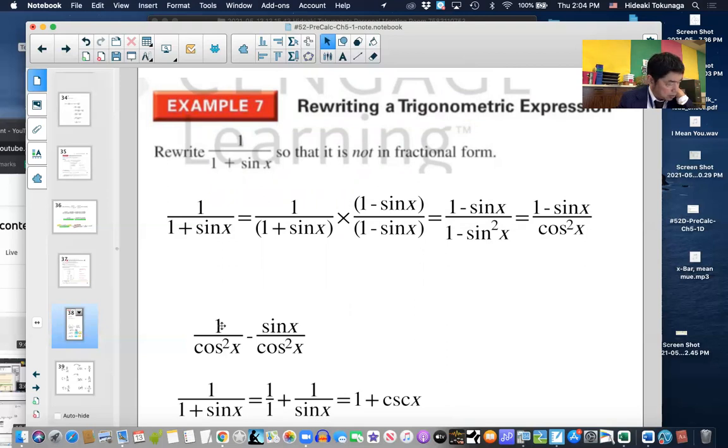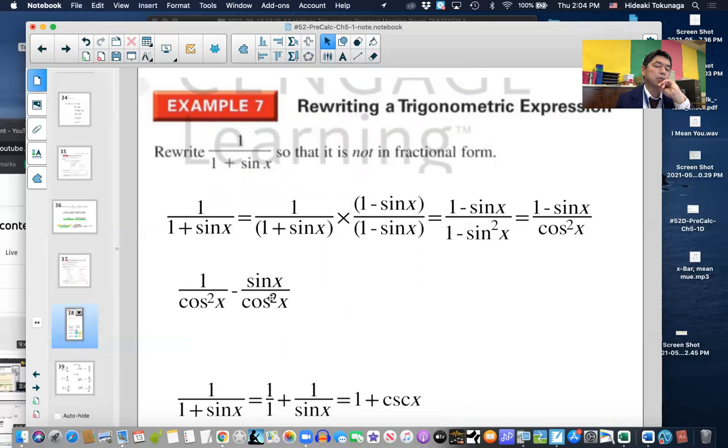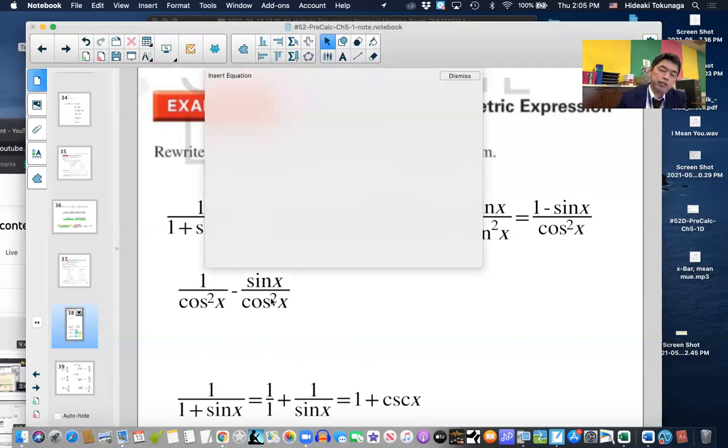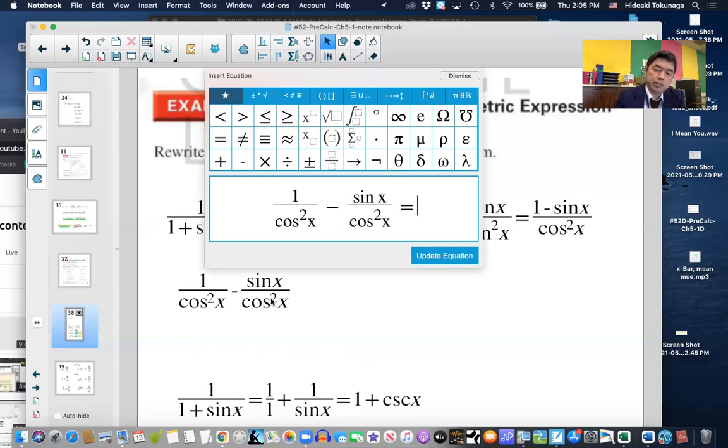Now you see this. It's a little bit complicated, but first of all, 1 over cosine squared is secant squared x. And this one, we separate too.